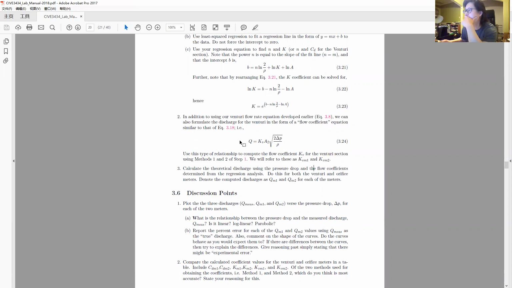At the beginning, we used the measured Q to get the flow coefficient, or discharge correction coefficient. Right now, once we have the coefficient, we can use our data and the coefficient to calculate a theoretical Q, and compare that Q to the measured Q to see if there is any difference.